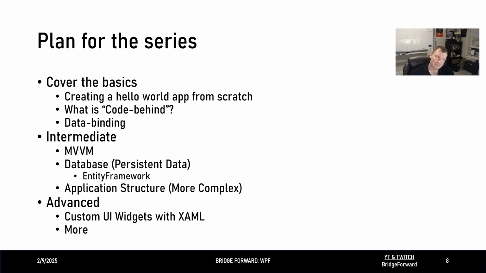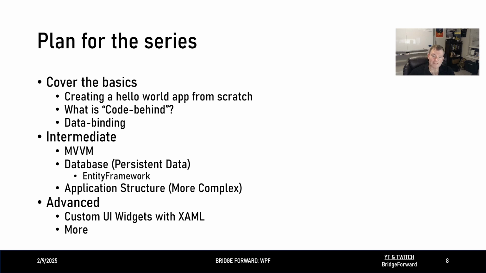Data binding I'll touch on in the basic part of the series, but it'll be more relevant in the MVVM bullet point when we get there, which is model, view, view model, the standard paradigm for developing WPF applications, frankly, I will say.